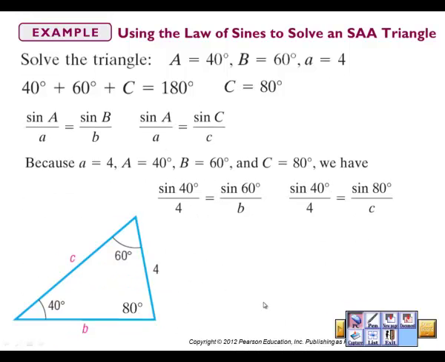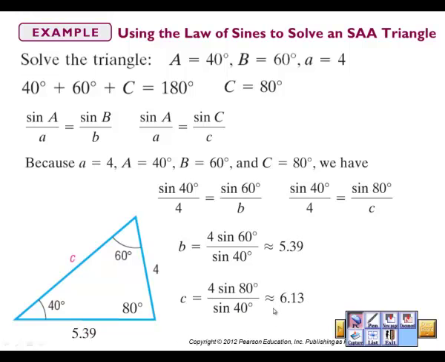And so we get 5.39, and we got 5.4. We used 6.13, we used 6.1, and so we got the same answers.